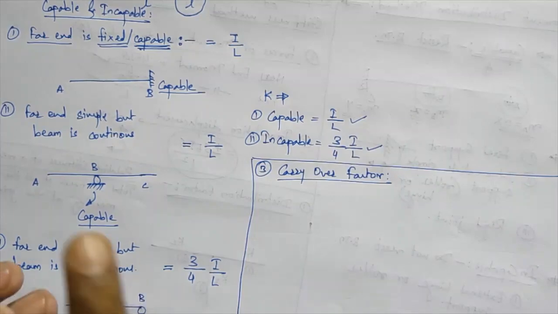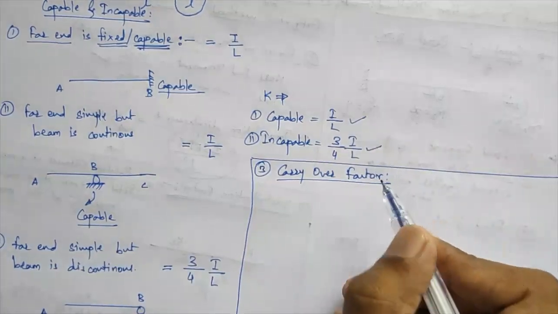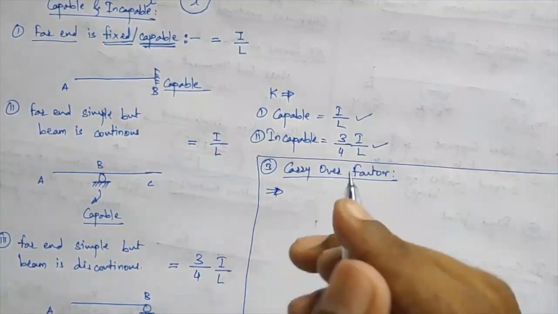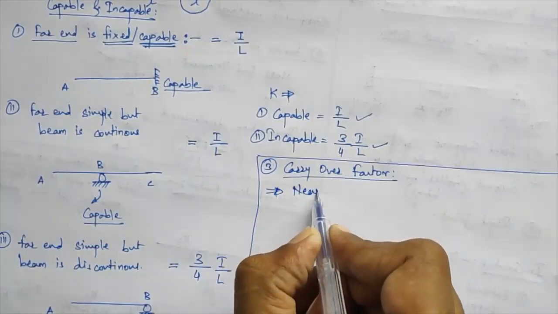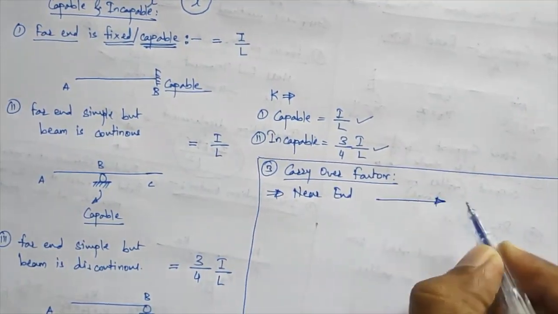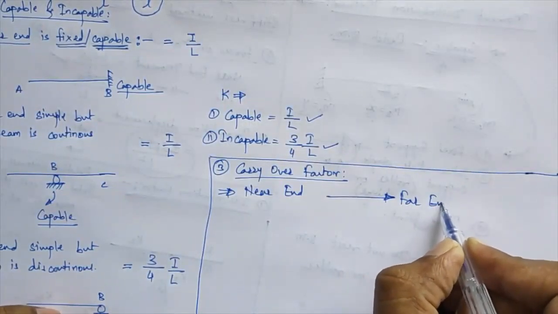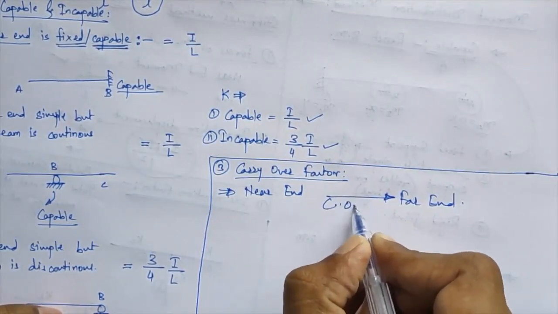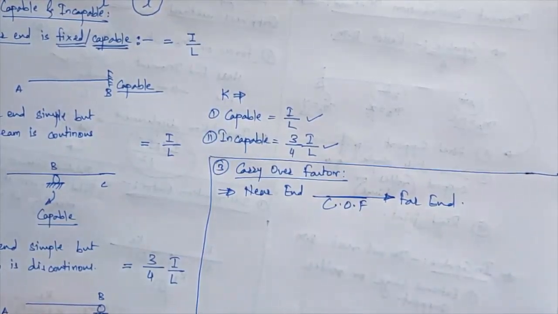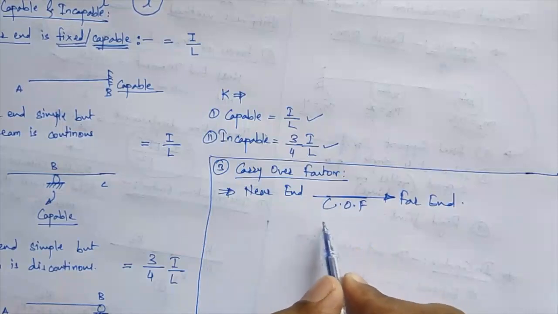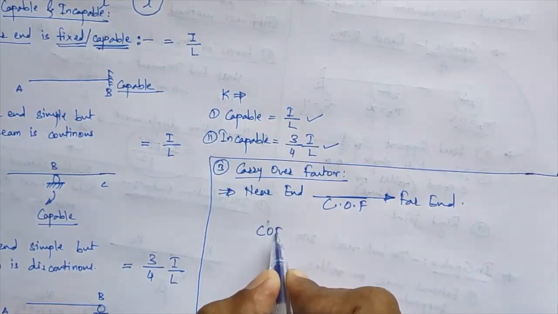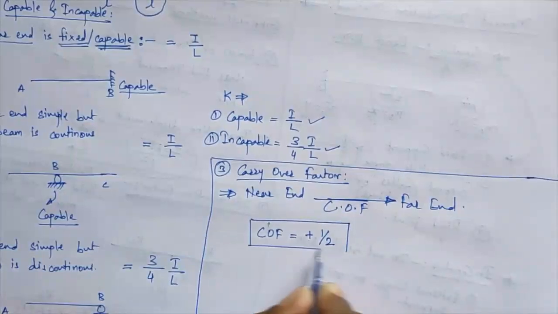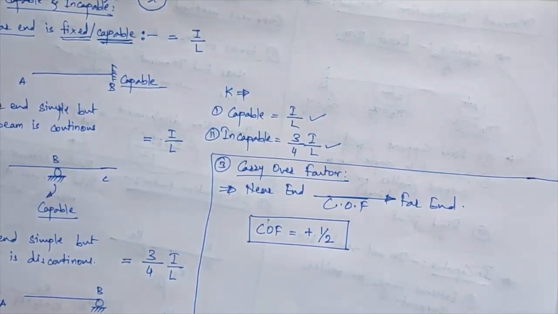That means whatever distribution you are going to do is done with the distribution factor, but when you are transferring the moment from the near end to the far end, this is to be done using the carryover factor. Simply I am writing it as COF. Whatever carryover factor value you are going to use, that COF value is always equal to positive 1/2.